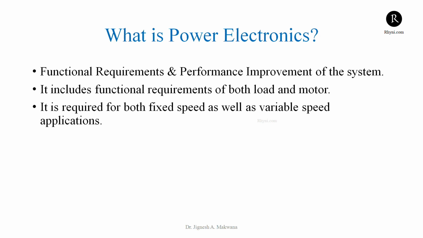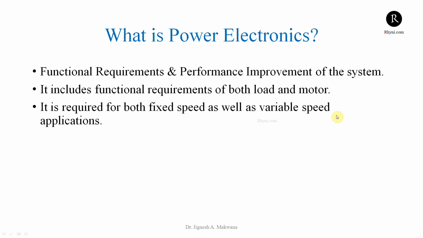Now let's discuss what is power electronics. Functional requirement and performance improvement of the system: this is the main aim of the power electronics and control unit of the electric drive. So what are the functional requirements?